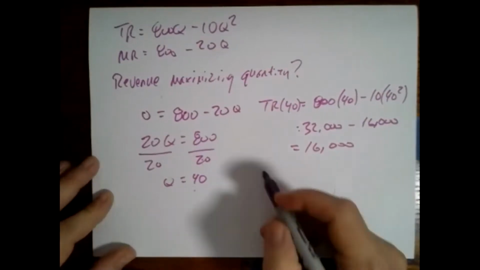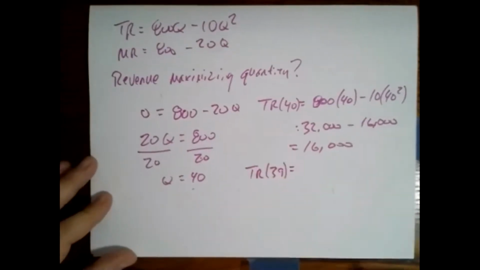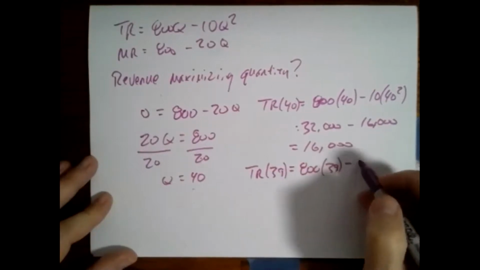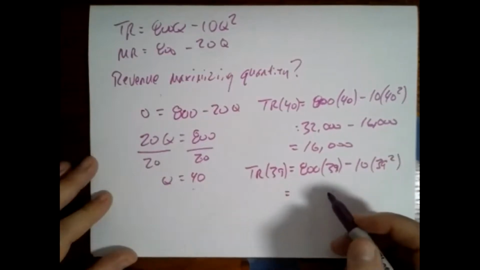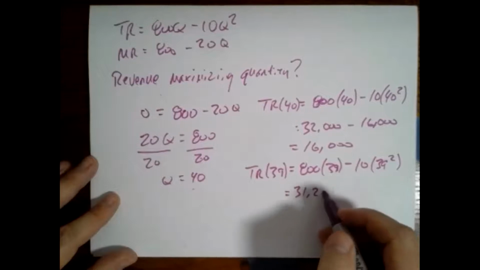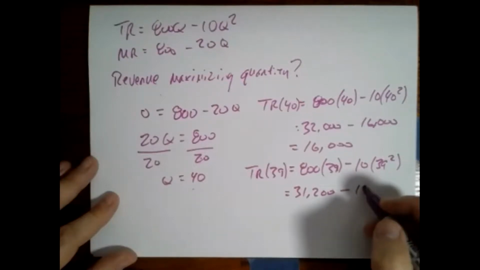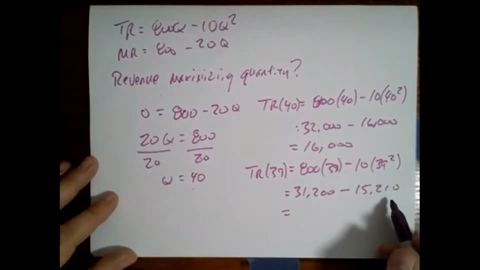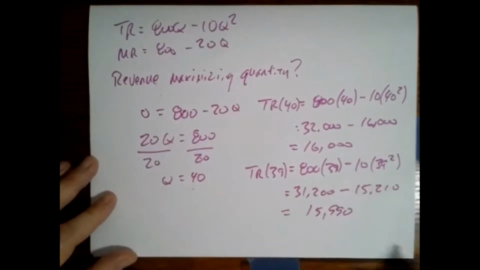So I say, okay. Then let's go ahead and try total revenue at 39. So that would be 800 times 39 minus 10 times 39 squared, right? Well, 800 times 39 is 31,200. 39 squared is 1,521, and 1,521 times 10 is 15,210. 31,200 minus 15,210 is 15,990.